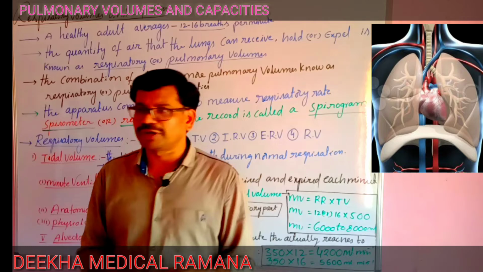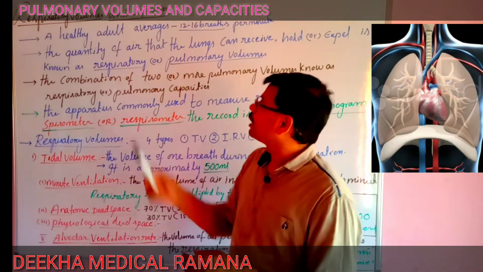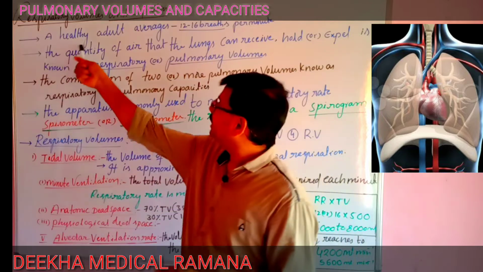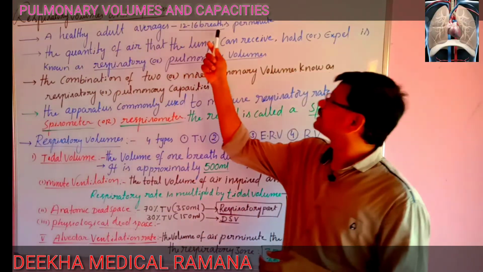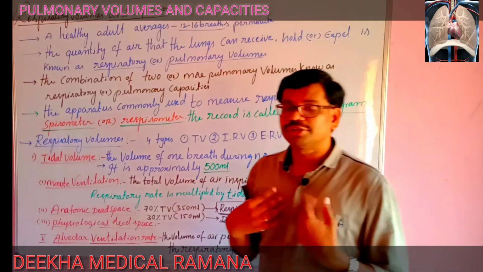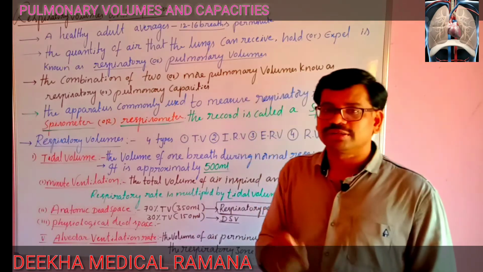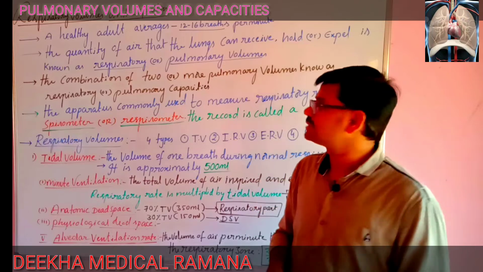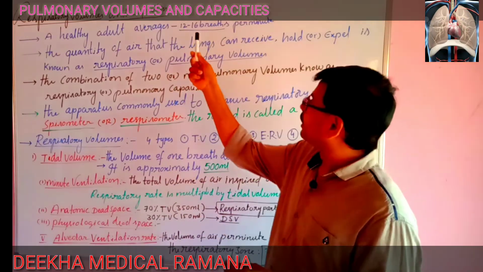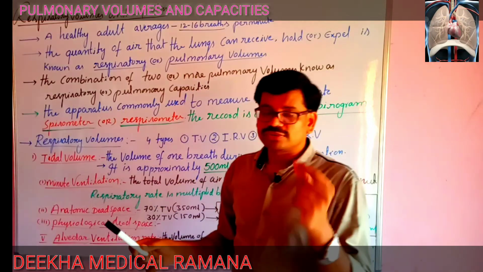Okay, let me explain about respiratory volumes and capacities. When we are at rest, a healthy adult averages 12 to 16 breaths per minute. That means within 1 minute, in 60 seconds, we take 12 to 16 breaths.